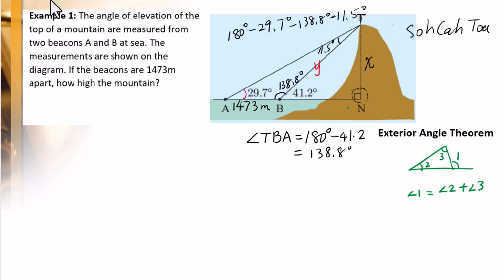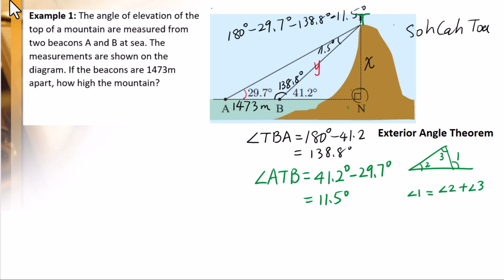Therefore, angle ATB equals 41.2 degrees minus 29.7 degrees equals 11.5 degrees.